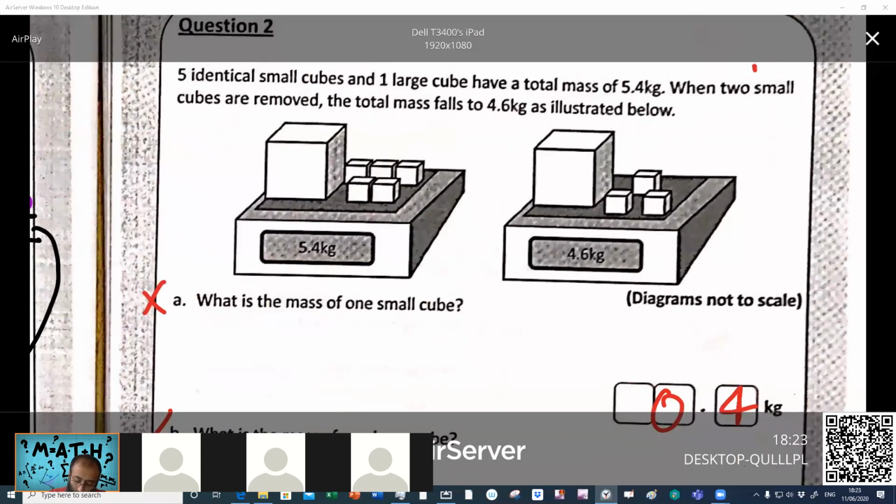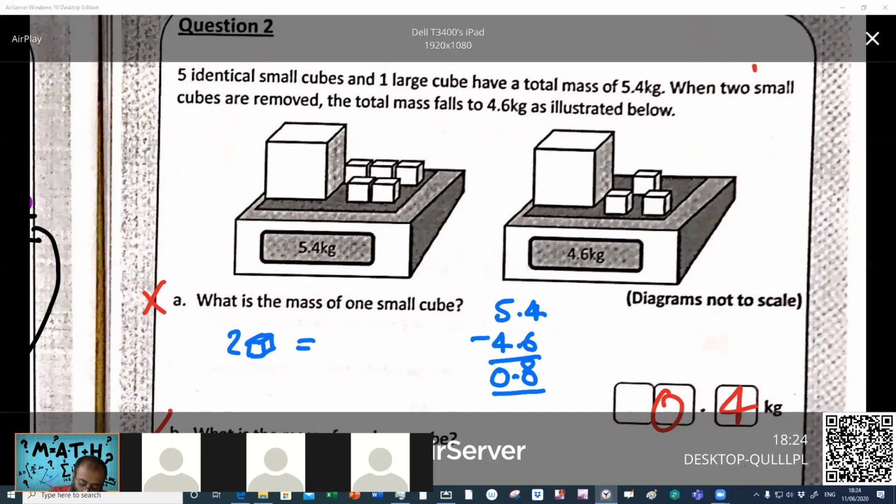When 2 small cubes are removed, the total mass falls to 4.6 kg as illustrated below. So when you take 2 small cubes off, it goes from 5.4 to 4.6. So what is 5.4 minus 4.6, Eliza? It is 0.8.